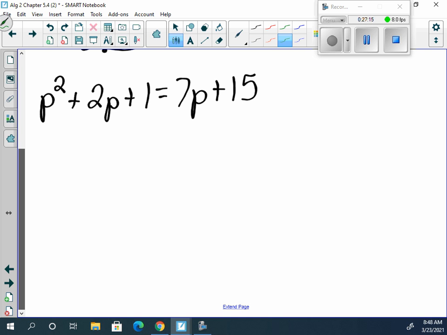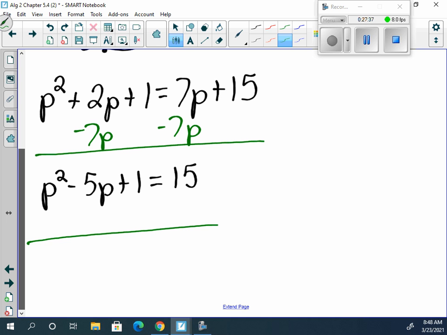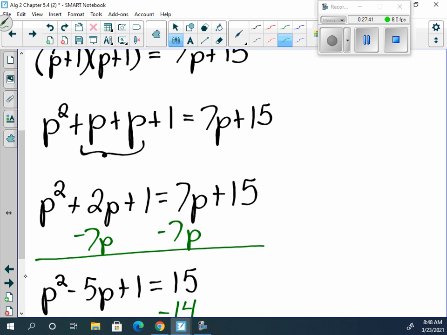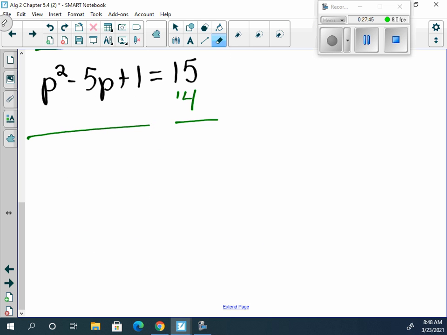Okay. So the first thing we can do is subtract 7p from both sides. Yes, we'd have p squared minus 5p plus 1 is equal to 15. Definitely got ahead of myself.